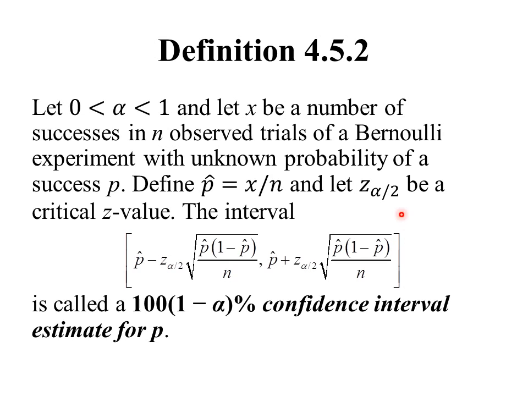Now this definition may look a little bit scary the first time we see it, but once we get our data, p hat here is a number, and that appears here, here, and here, and then again in the same places on the right hand side of this interval. n is a number, that's our number of observed trials, and then z sub alpha divided by 2, that's our critical value. And so we just plug in a bunch of numbers, we do the arithmetic, and we get our confidence interval.